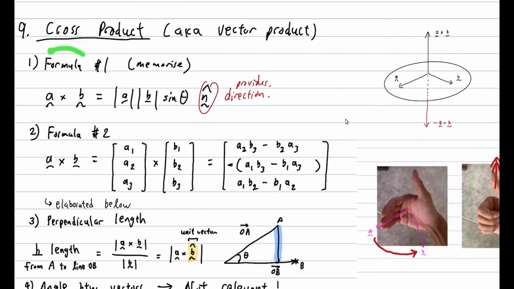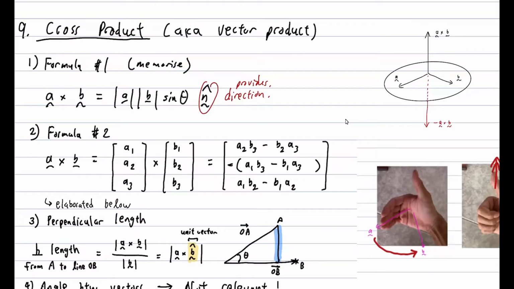So here's the formula number one you must memorize. A cross B is modulus A times modulus B times, is it cosine or sine? Sine, very different. Times this one, what we call a unit vector with a head. So this is just to provide direction. Just notation. And it's length one.